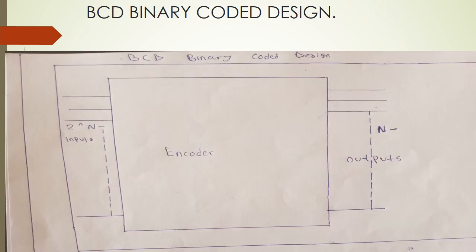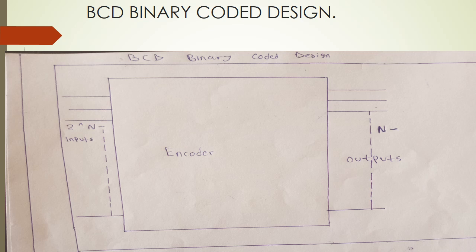Let's take a look at this BCD, binary coded decimal diagram. On our left-hand side, we have 2 raised to the power n inputs. Here we have 4 inputs, but we are saying 2. In order for us to have 4, we take this n to make it 2 raised to the power n, which will give us 4.